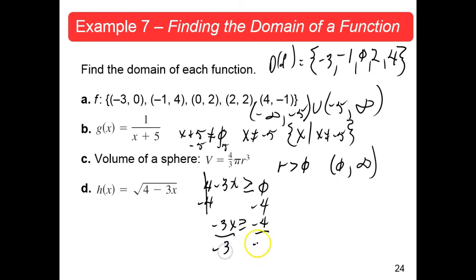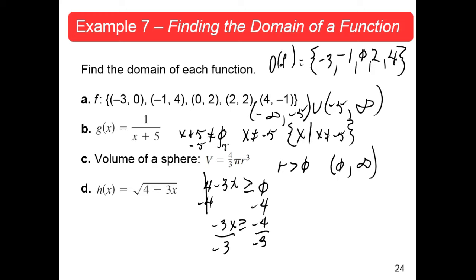Negative 3. Time out, folks. Any warning signs go off? Very good. You can add the same thing to both sides of it. This is called a directional inequality, or I call it that. I don't know if the book calls it that.